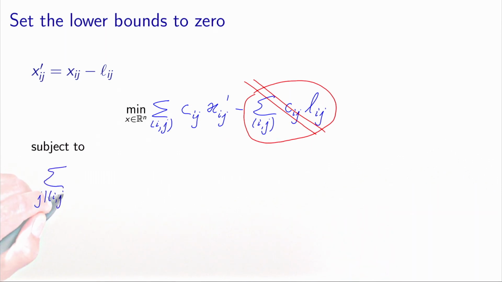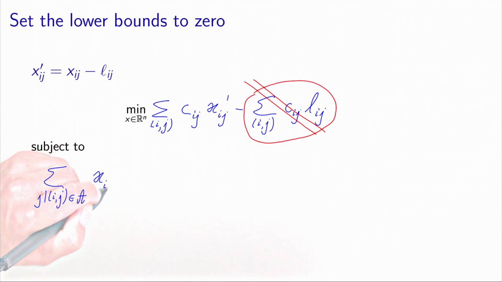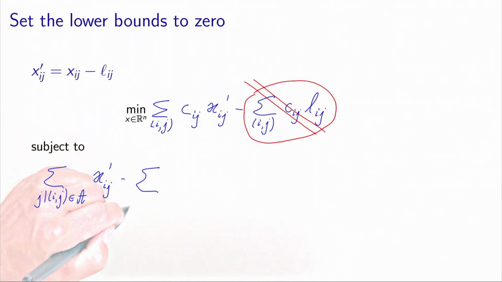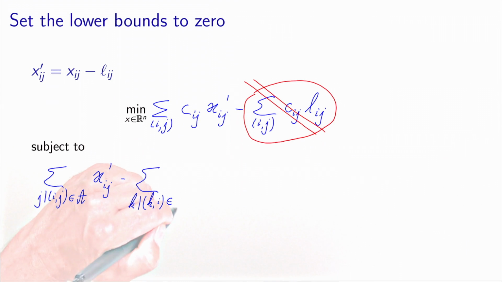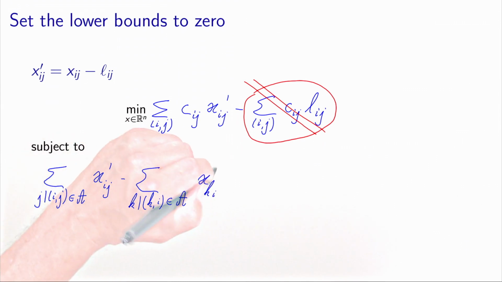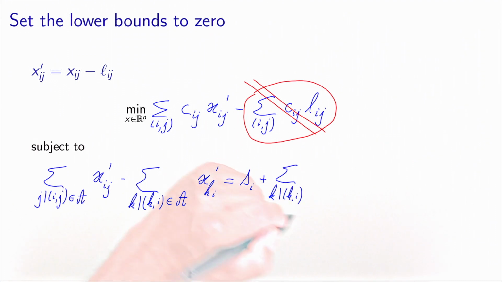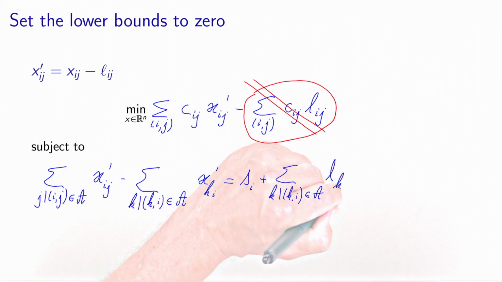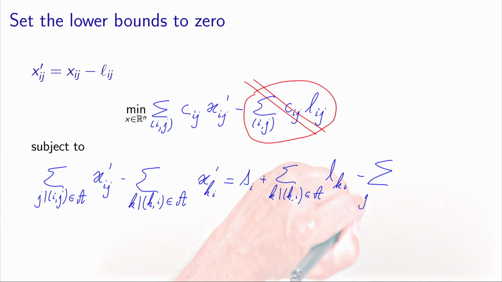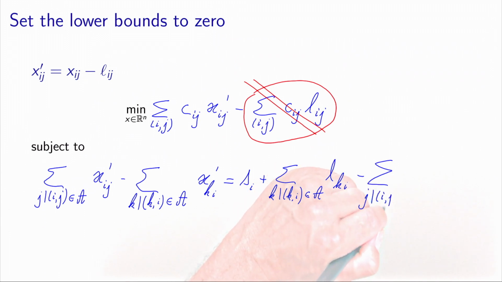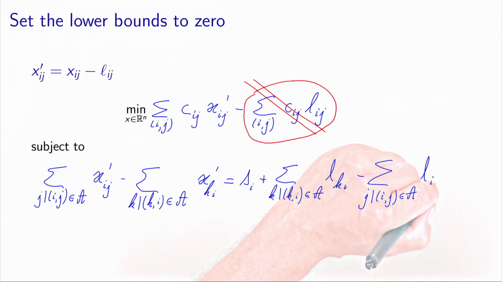Now we write the flow conservation constraints. We write these constraints in such a way that the decision variables x' are on the left-hand side, and everything which is constant is written at the right-hand side.